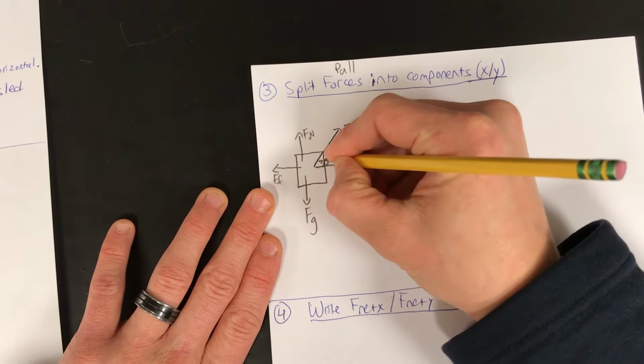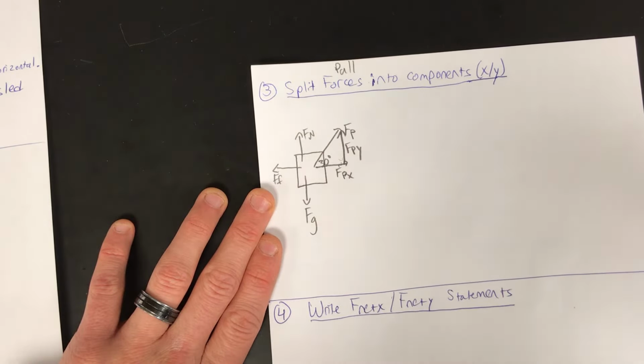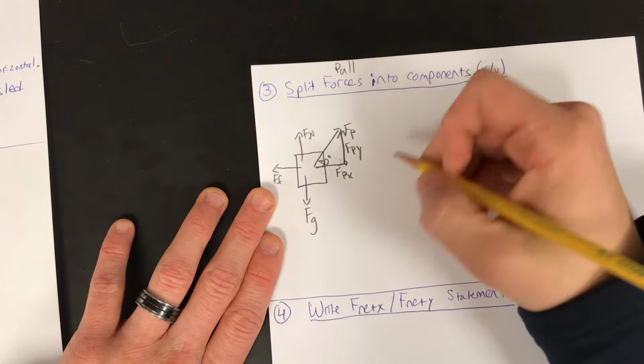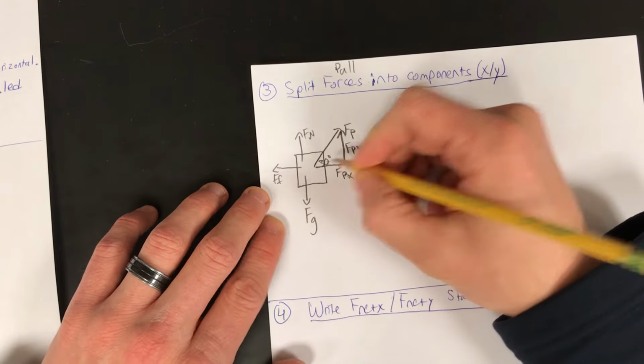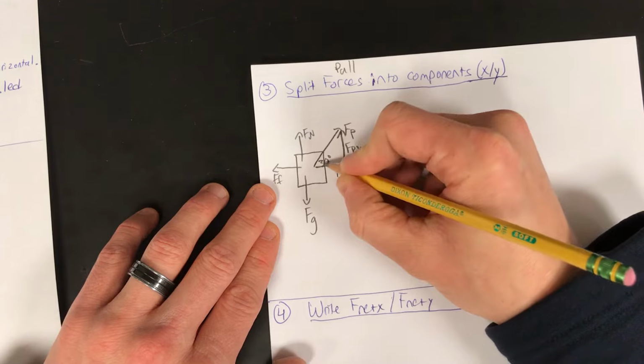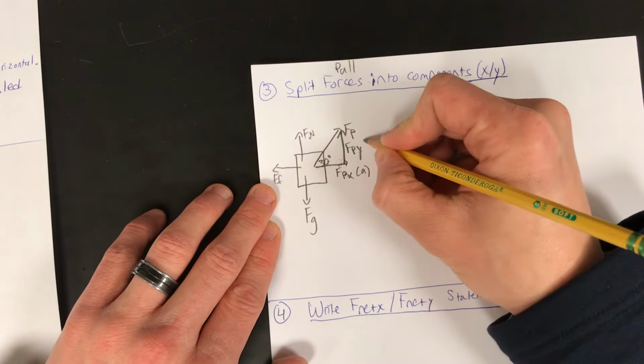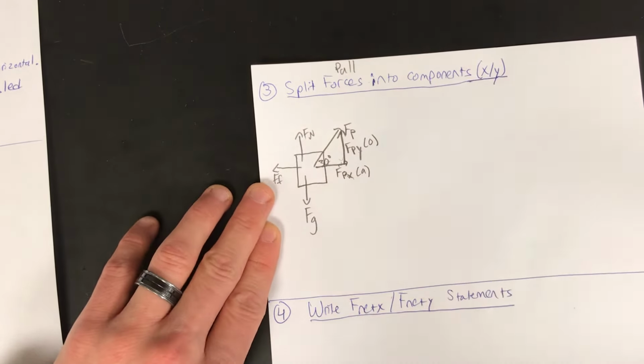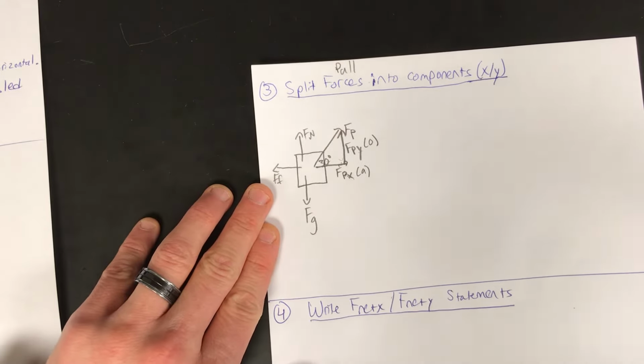All right, and you could put 30 degrees there. Now, if you notice, the Fpx is the adjacent leg of the triangle to the 30 degrees, and the Fpy is opposite the 30 degrees. All right, so write the A and the O there.